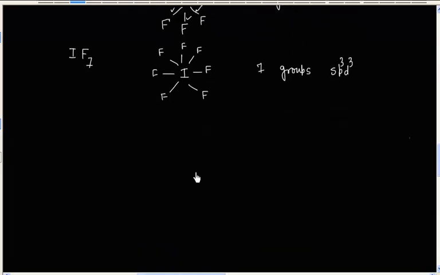Now let us say I have COCl2. The Lewis dot structure is something like this. So carbon has 3 groups: 1, 2, 3. So it will be sp2 hybridized.